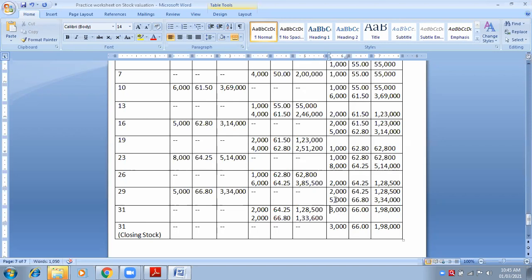And what should be the balancing figure? Let's see how we find it. The 2,000 is over, and out of 5,000, 2,000 is issued. So how much is left over? 3,000.